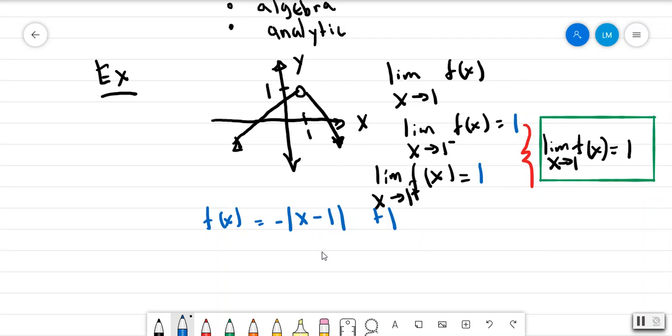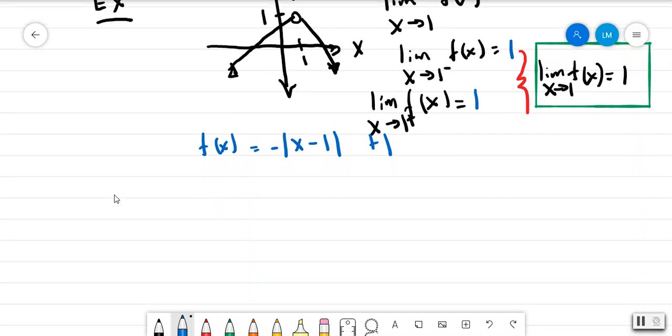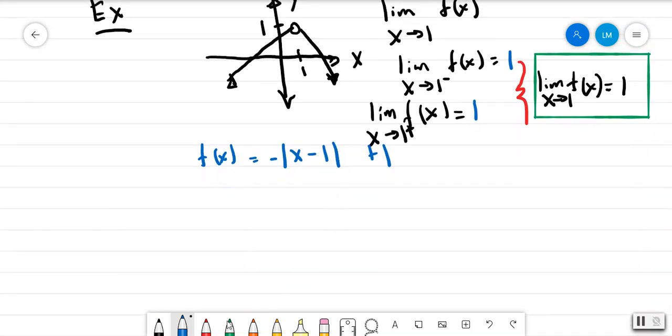So in that case, it's just 1. Now, that was using a graph.